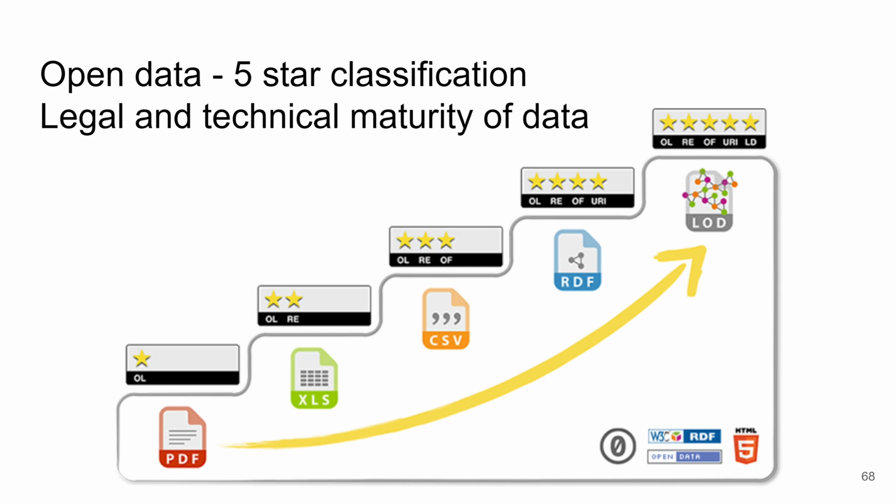3-star open data is when you use open formats. You see, Excel is not exactly an open format because the specification is not freely accessible on the web, or actually was not in the past. It is a little bit better now, but still it is way too complex. So there is a better format for tabular data, and that is CSV, or there is another for hierarchical formats.